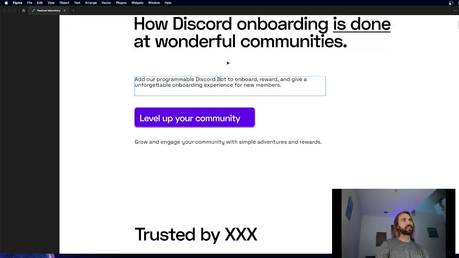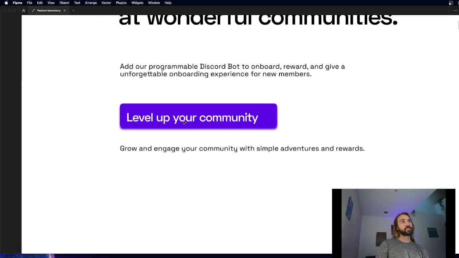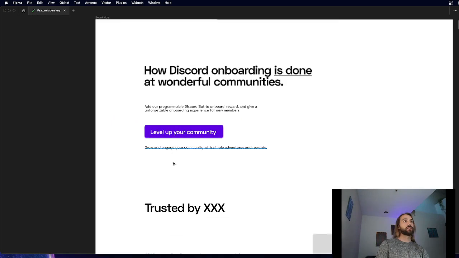Should bot be capitalized? I don't know. You're saying onboarding too many times maybe. Versus grow and engage your community with simple adventures and rewards. If I were to go between these two, grow and engage is nice.